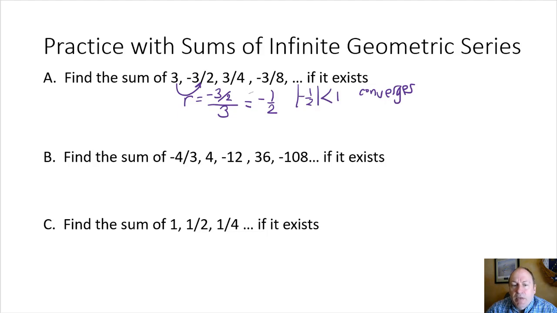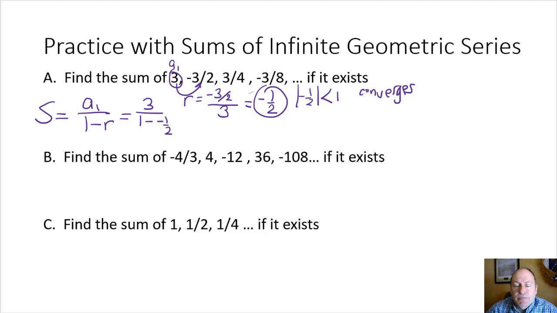Let's find that. By the way, this is called an alternating series if it alternates from positive to negative. So let's look at the sum formula. It's a sub 1 divided by 1 minus r. So a sub 1, our first term, is 3. Our common ratio is -1/2. So it's 3 divided by 1 minus -1/2.